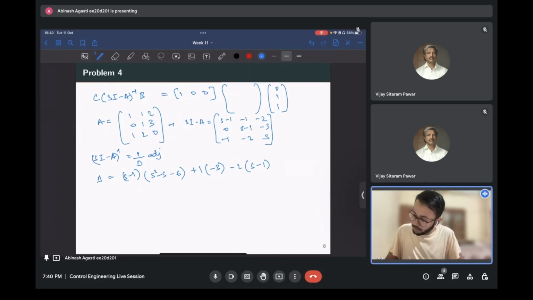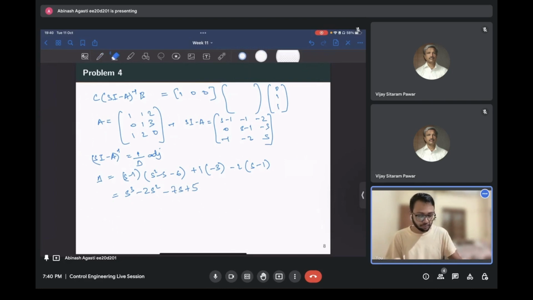Yeah, so is it correct or not? You can also verify it. Then this gives me s cube minus 2s square minus 7s plus 5. This is the determinant.